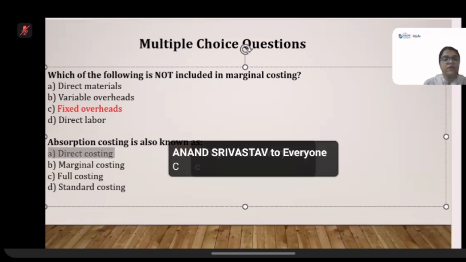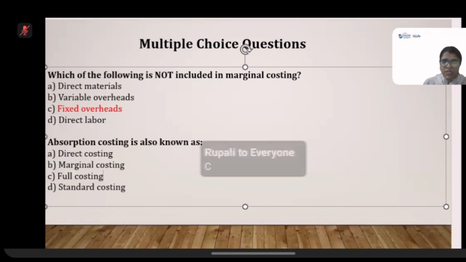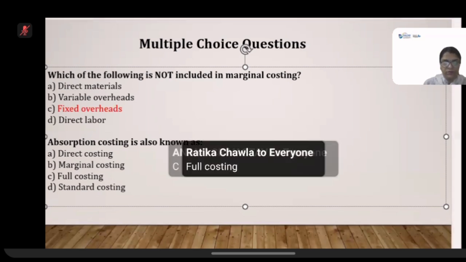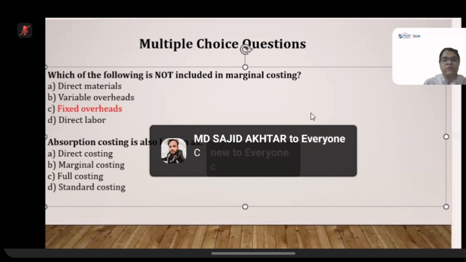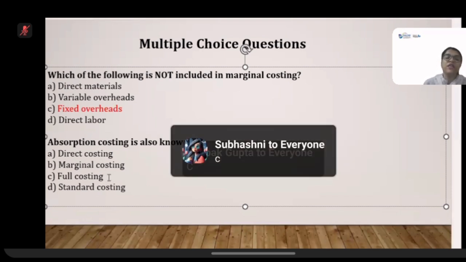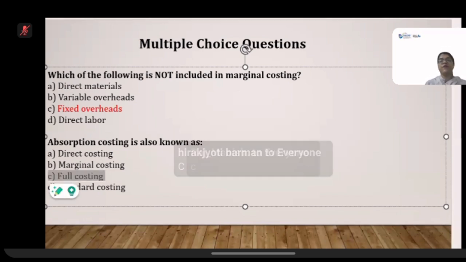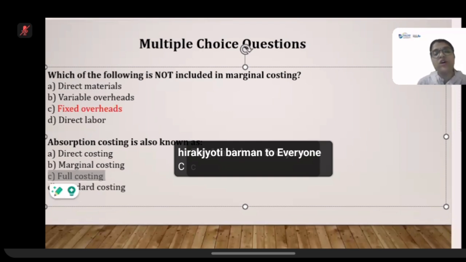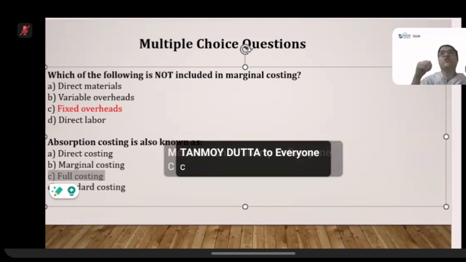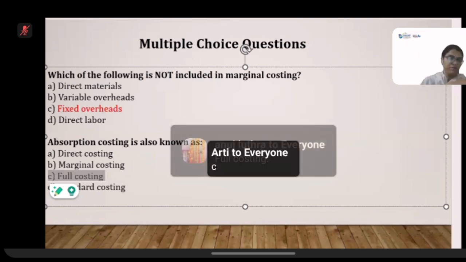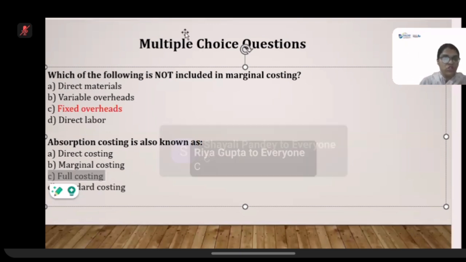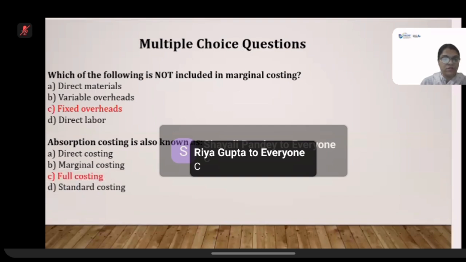What is the other name of absorption costing? Very good, super. That is full costing. Why full costing, students? Just think logically. Here you are using variable as well as fixed. So you are clubbing both. Okay, great, super. So let us check our answers.